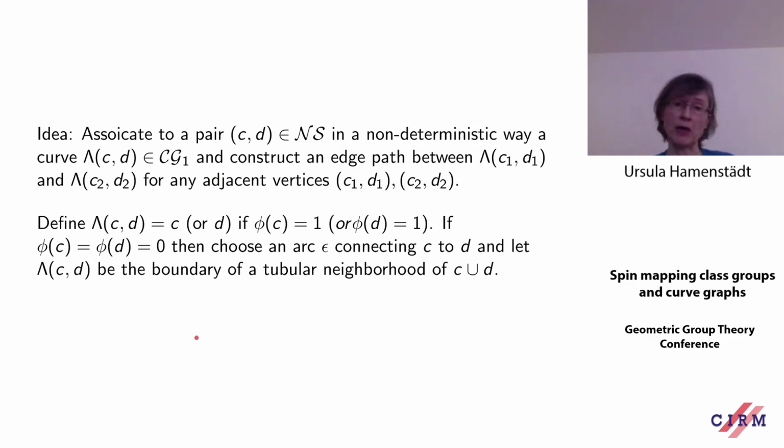And so if we make this definition, then we can hop from vertices to vertices in this graph N(S), and use the connectedness of this graph N(S) to produce a connection between any two points in the graph C_G^1.